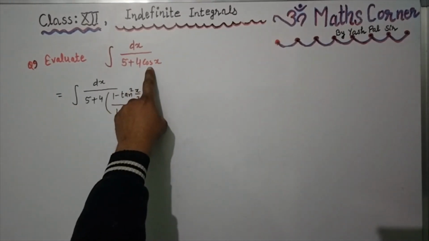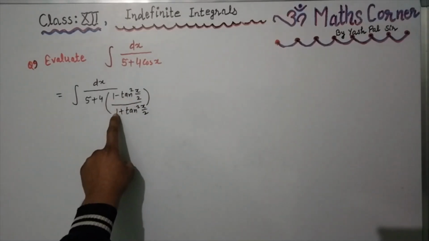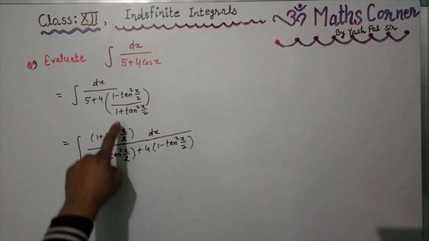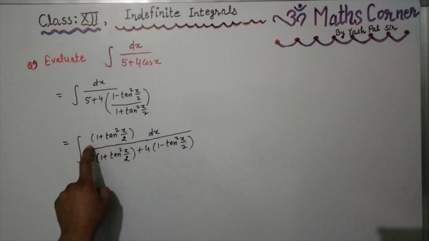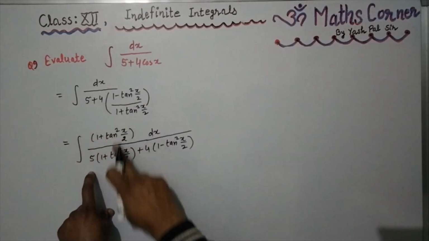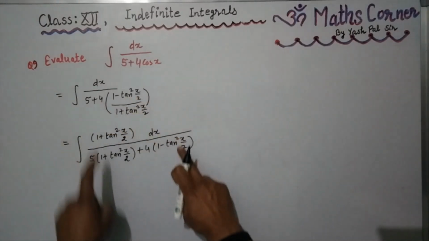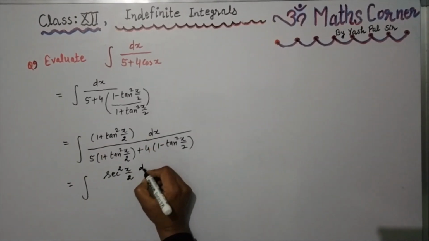Now question number 9, evaluate integration dx upon 5 plus 4 cos x. Here what we do, we apply this rule, cos 2 theta is equal to 1 minus tan square theta upon 1 plus tan square theta, right? Further, which can be written as 1 plus tan square x by 2 goes here in the numerator.